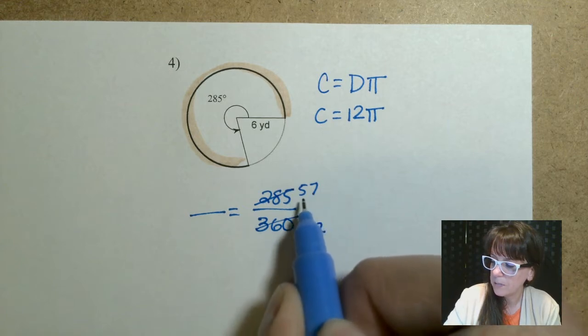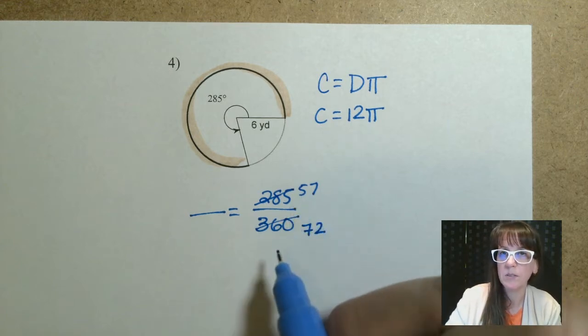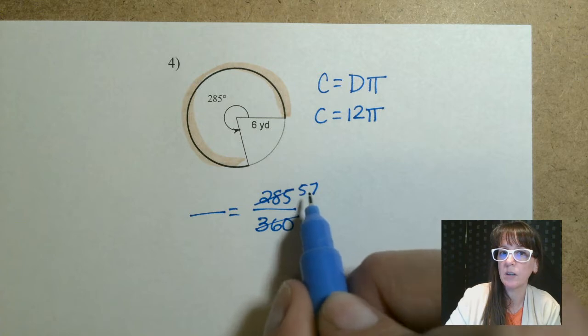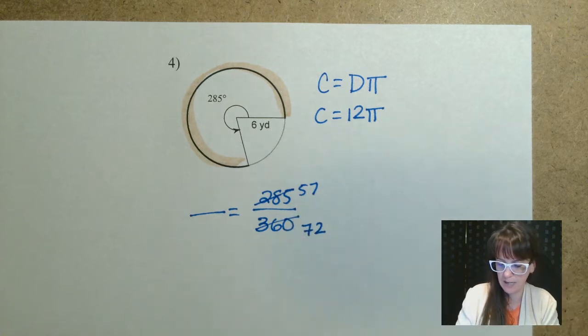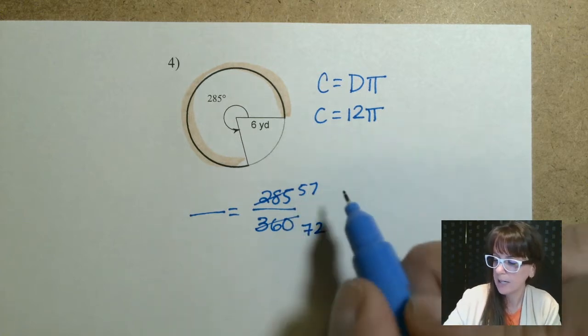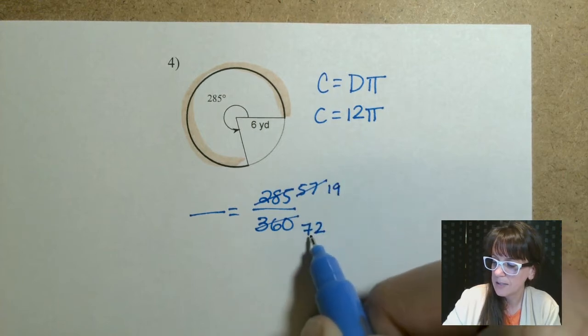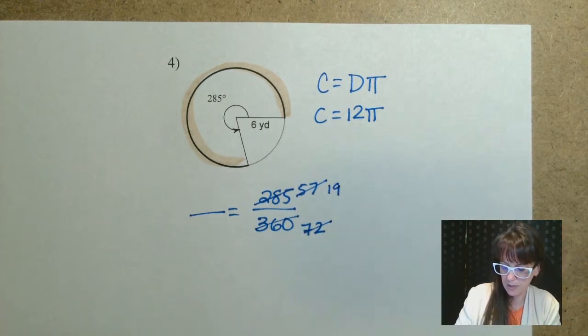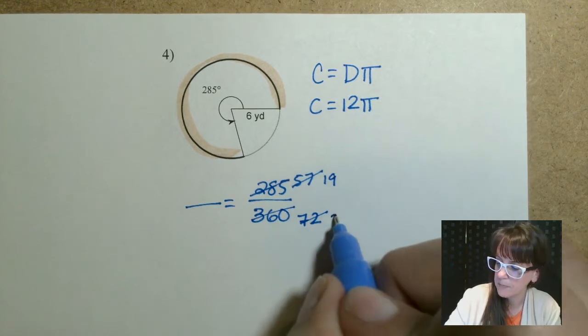Now, 7 plus 5 is 12, and 3 goes into 12, so 3 is also going to go into this. So if we do 57 divided by 3, we get 19. 72 divided by 3 gives us 24.